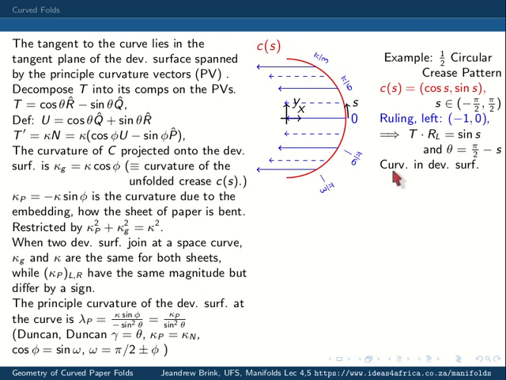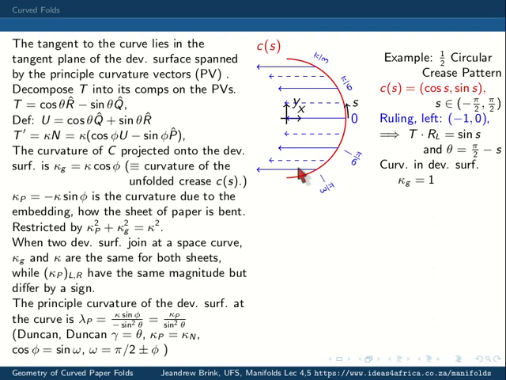Okay, now what I'm going to do is simply look at the curvature in the developable surface itself. In other words, the curvature of this curve is just 1, okay, because it's a circle of radius 1. So there's my kappa g for this particular curve. Okay.